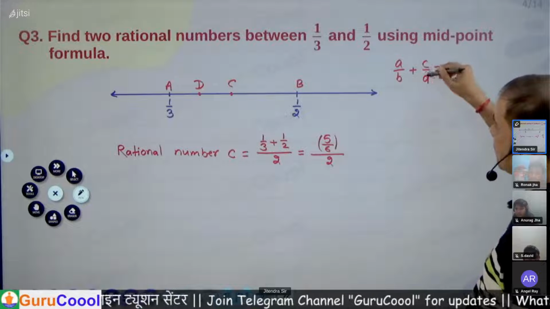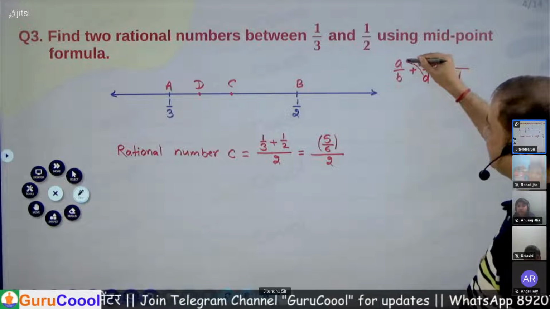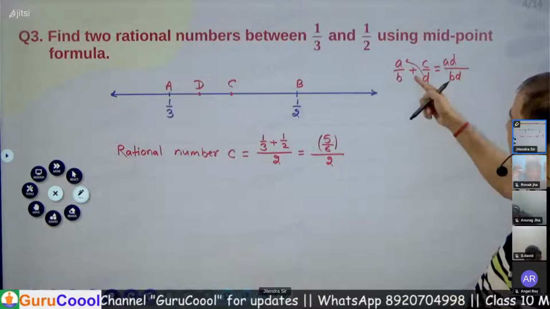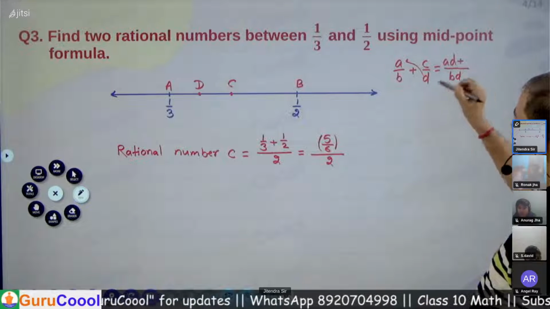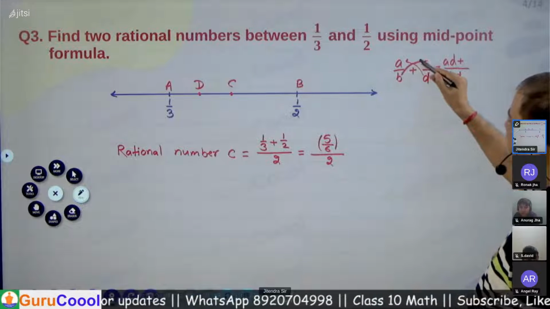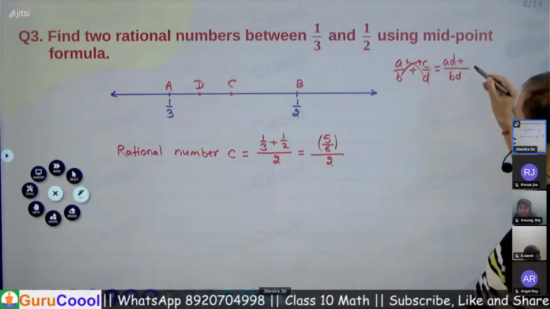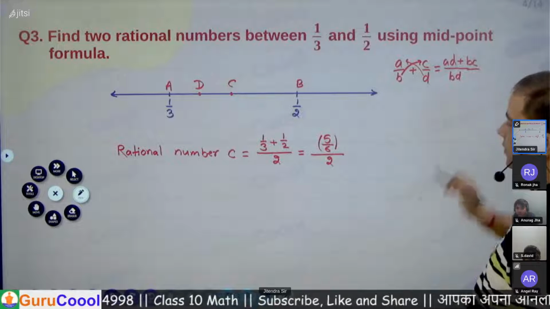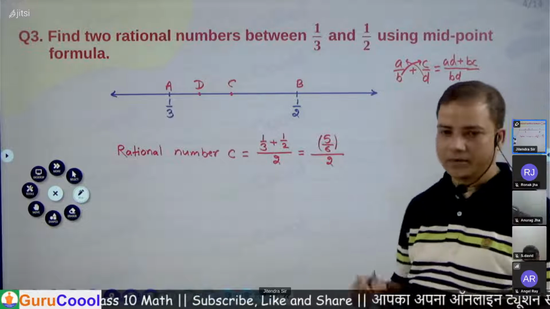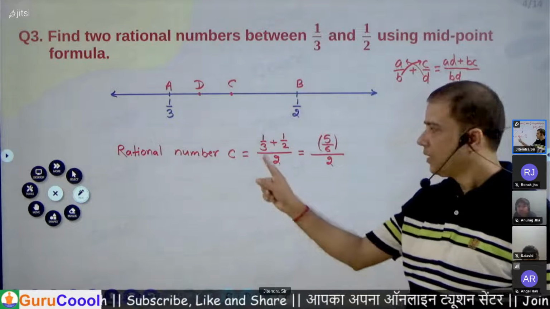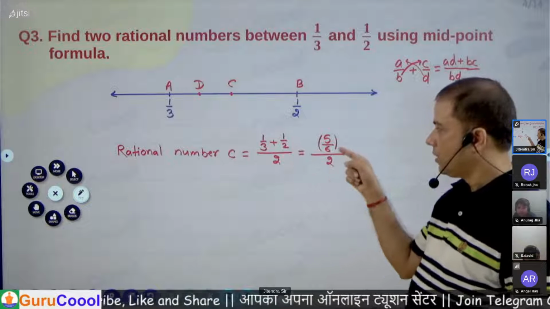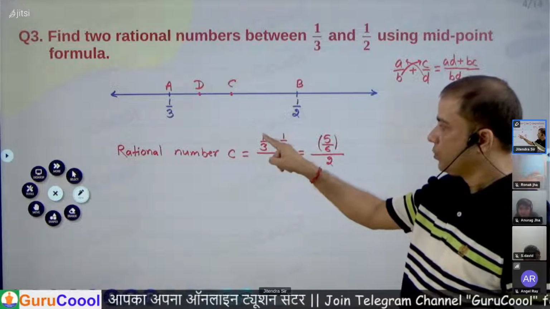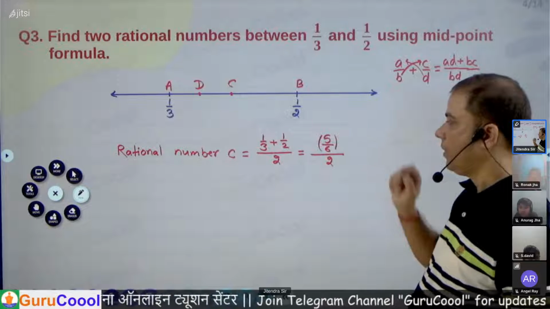Now do cross multiplication, A with D first term, and then put a plus sign, then B into C in the numerator. This is what I have done. 3 into 2, 6 in the denominator. Now 2 1 are 2, 3 1 are 3. So 2 plus 3, 5. It became 5 by 6.